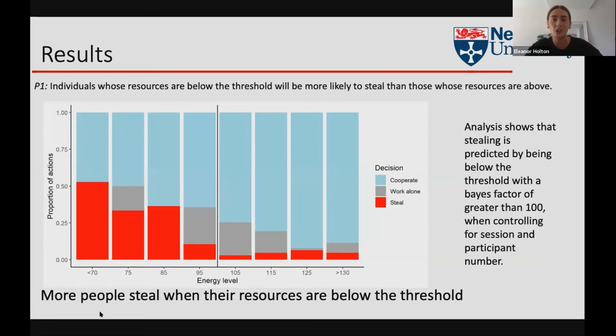This seems to be coming at about 85, so a little bit lower than perhaps we might have predicted, but we did make an open prediction about where the transition to a higher rate of stealing would come. We produced a Bayes factor of greater than 100, indicating evidence of over 100 times stronger in favour of our predictive model over the null model.